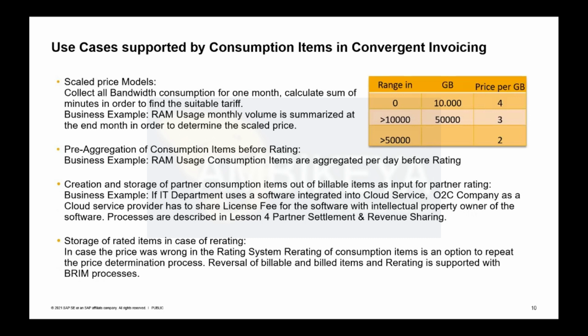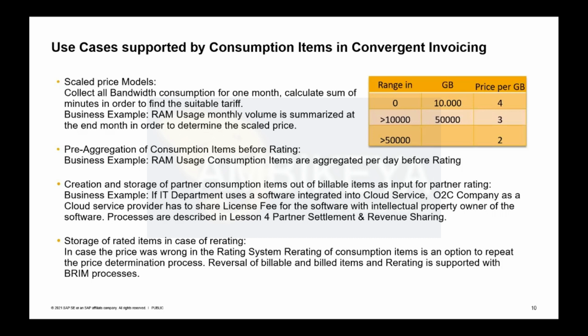Here I have mentioned some pricing systems. In case you have scaled price models, that means you collect, for example, bandwidth of consumption for one month, it could be reasonable or necessary to use consumption items in Convergent Invoicing. I have here a scaled price model in place.